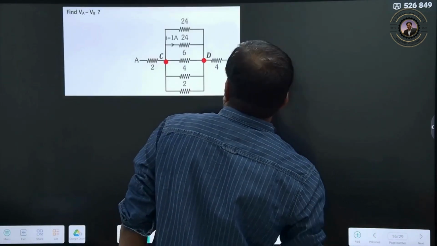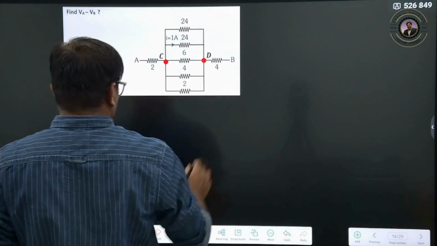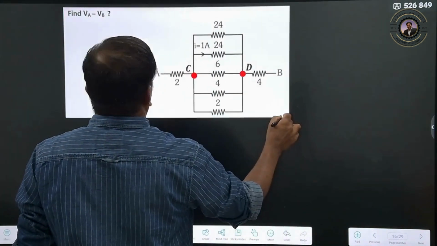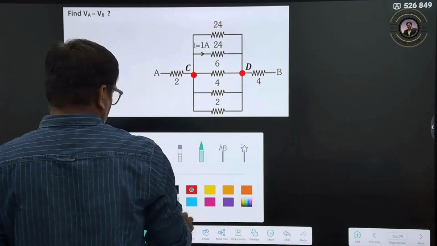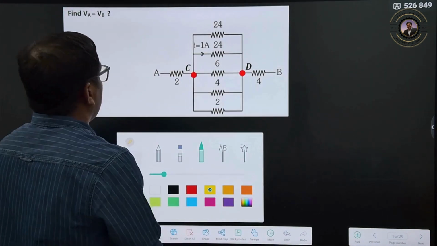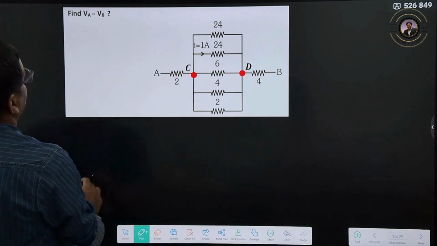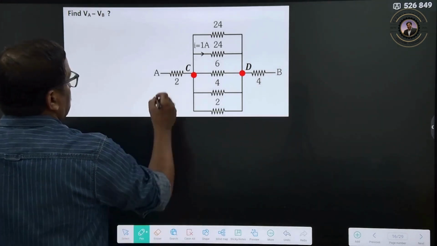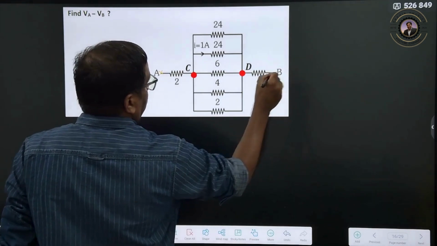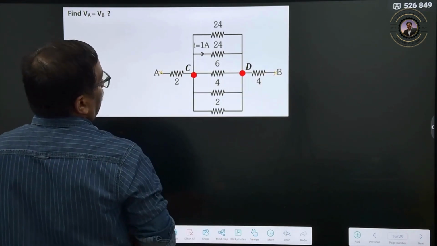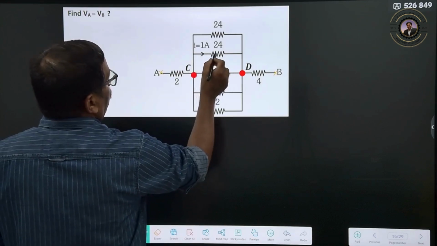Now we will go for one more question. Here, find the potential difference between A and B. For this, current is required. Here the current flowing will be about 1 ampere.